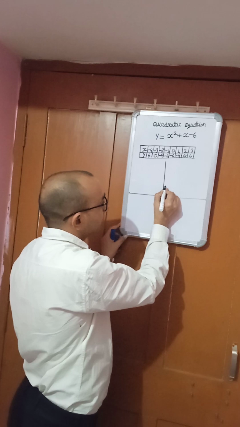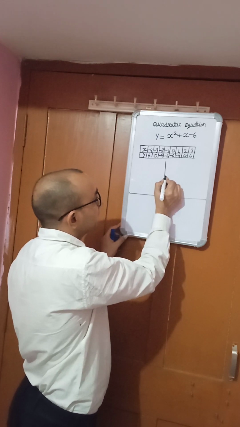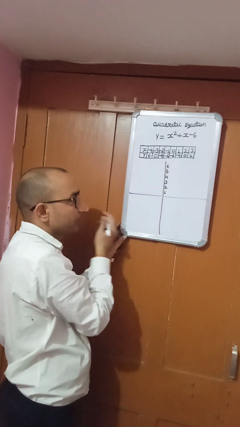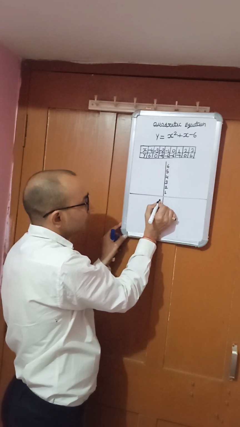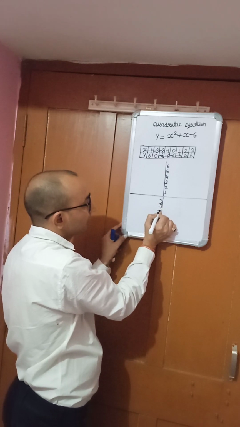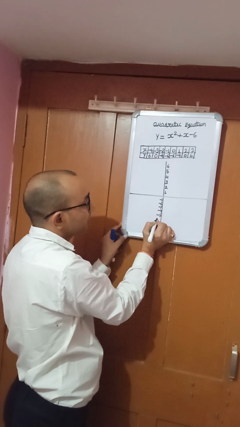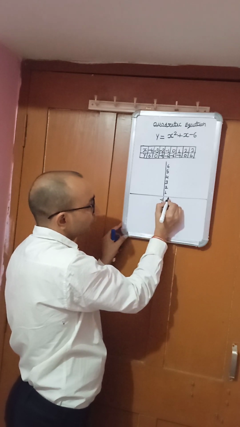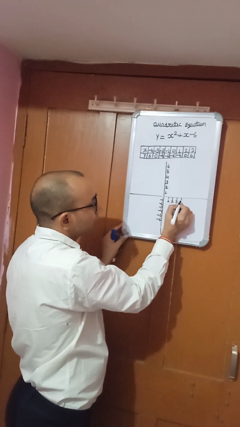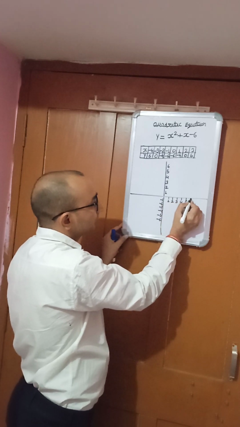On the axes: 1, 2, 3, 4, 5, 6, and here minus 1, minus 2, minus 3, minus 4, minus 5, minus 6, and 1, 2, 3, 4, 5, 6.